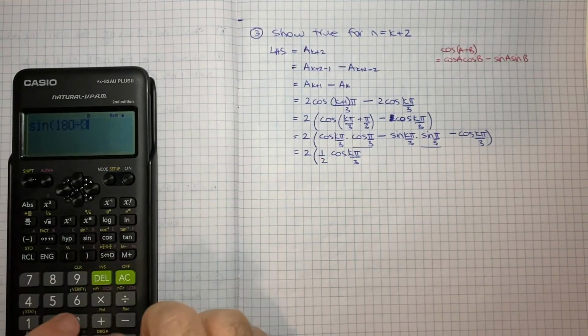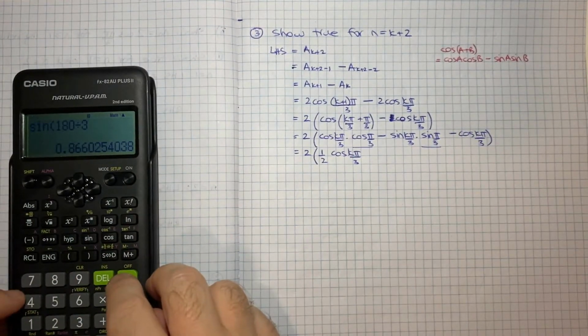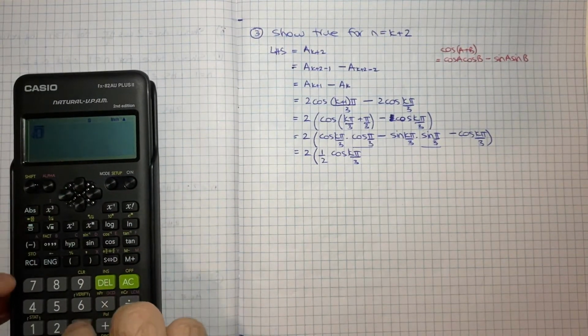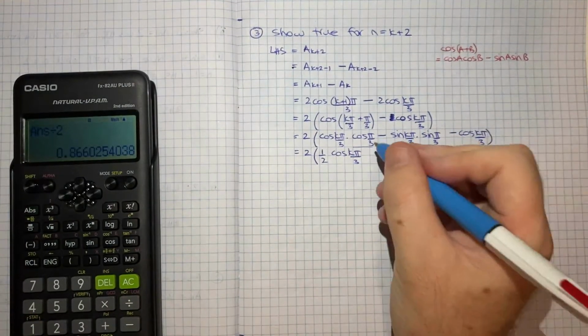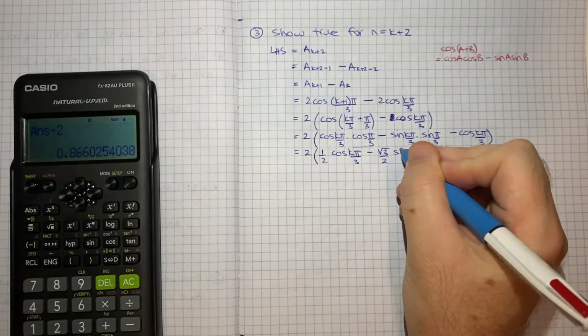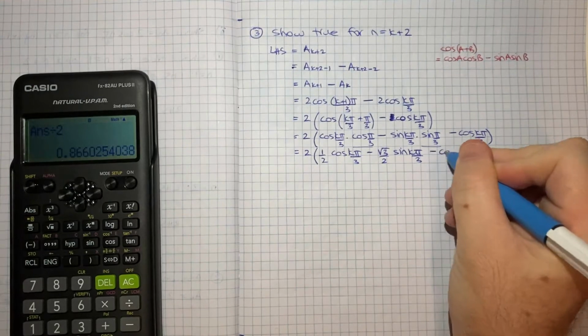Sine of 180 divided by 3 is going to be root 3 on 2, and I can just check that. Square root of 3 divided by 2, yep. So that's going to be minus root 3 on 2 sine k pi on 3, and then minus cos k pi on 3.